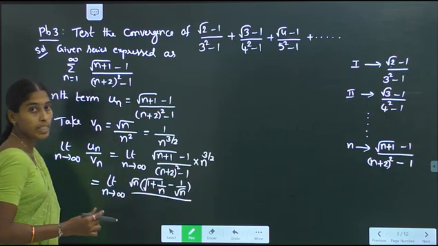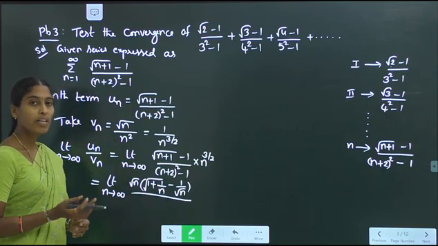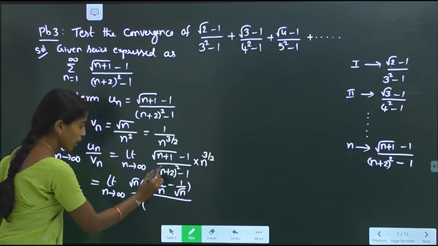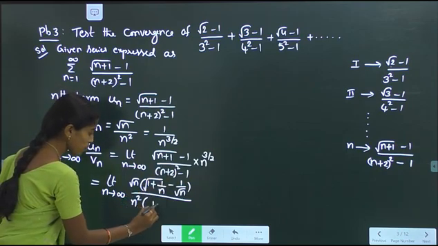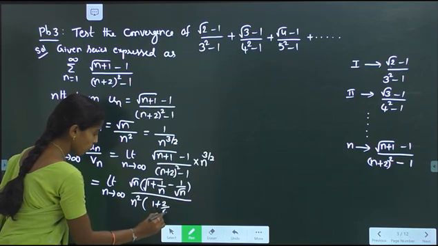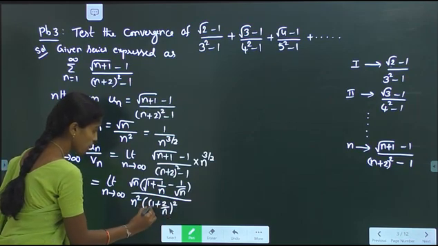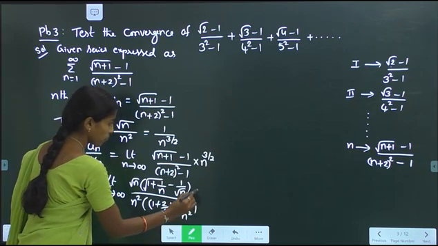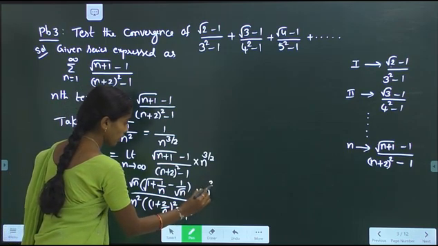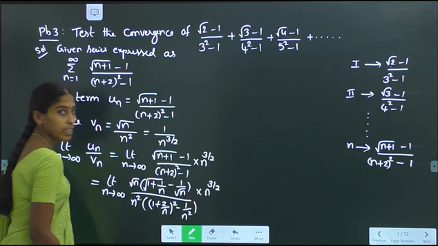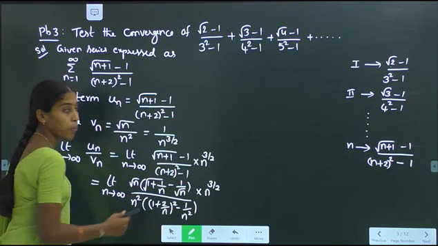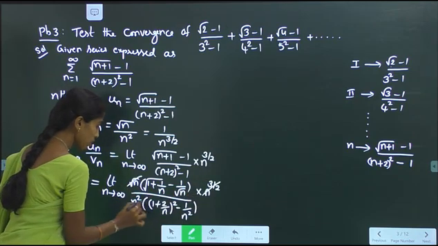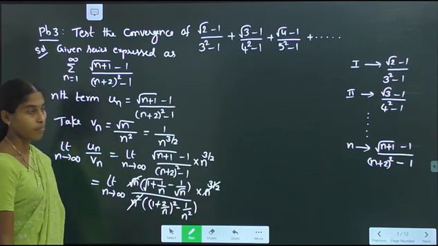Taking common the maximum power of n from the denominator, it becomes n square, and inside the square it becomes 1 plus 2 by n whole square minus 1 by n square, into n to the power 3 by 2. In the numerator, root n into n power 3 by 2 becomes n square. Okay? It cancels with the denominator n square.